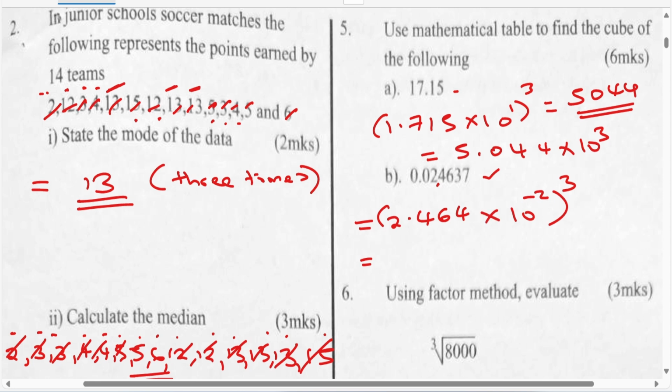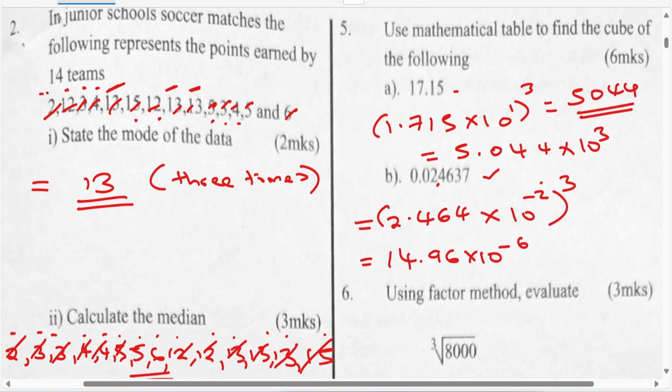So cube ya 2.464 utaangalia kwenye mathematical table, cube yake ni 14.96 times 10 power negative 6, kwa sababu negative 2 ukipiga power 3.